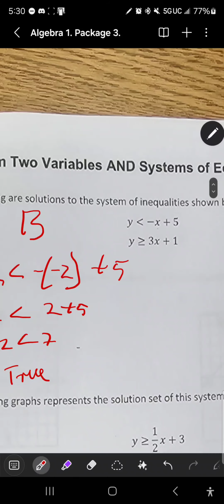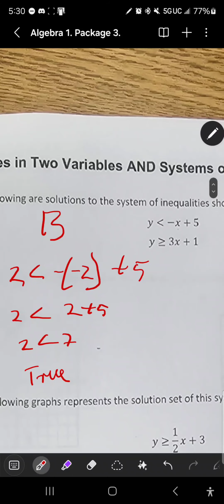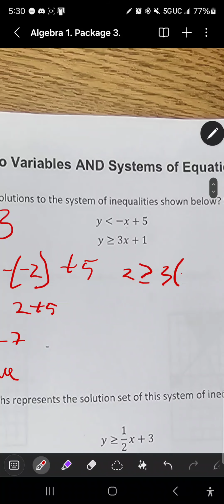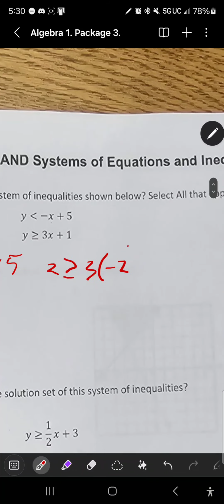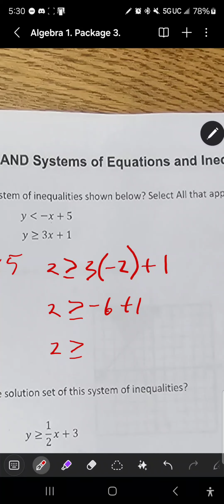Now let's see this one. It will be 2 greater than 3 times negative 2 plus 1. So 2 will be greater than negative 2 times 3. They have different signs, so we keep the negative. Negative 2 times 3 is 6, so negative 6 plus 1.